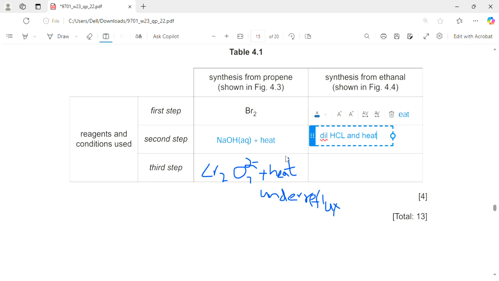Yes, it's dilute HCl and heat. Yes, and what about this?